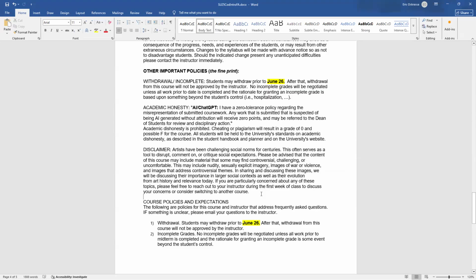There could be nudity, some imagery that might be, once again, uncomfortable, or images of war or violence, all of which these themes are going to be talked about through the relevance of art and art history and how individuals express themselves in times of not always sunshine and rainbows. So sometimes difficult things need to be spoken about, and they become more powerful art because of that.